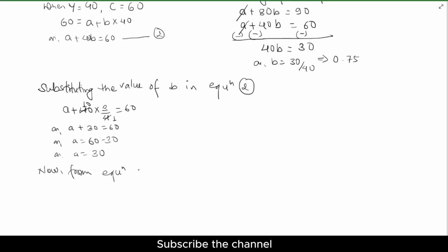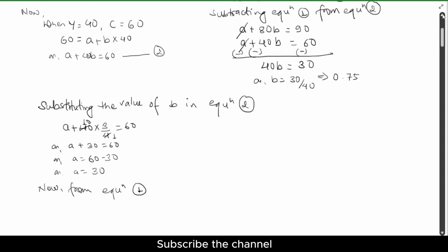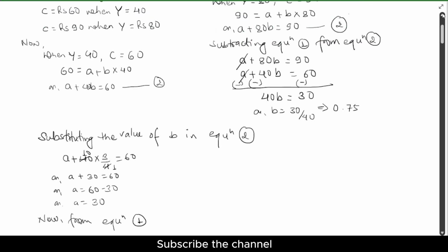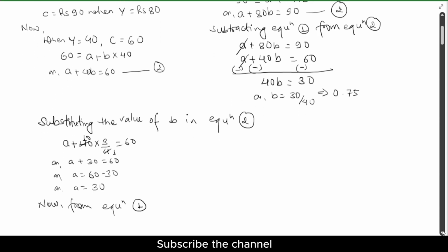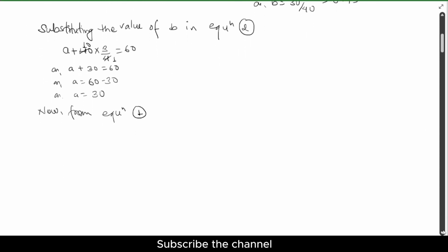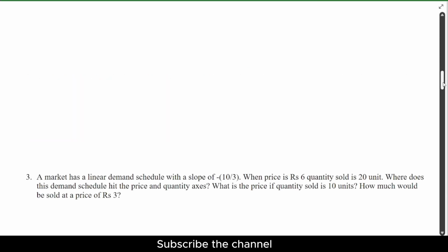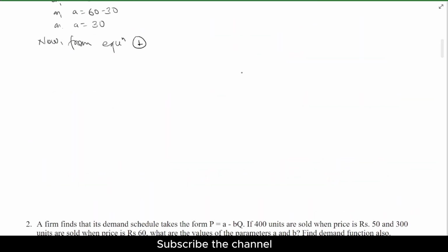For that, from equation 1, what is equation 1? Let's see. It is C equals A plus BY. That is C equals A plus BY, where the value of A is 30 and B is 0.75.